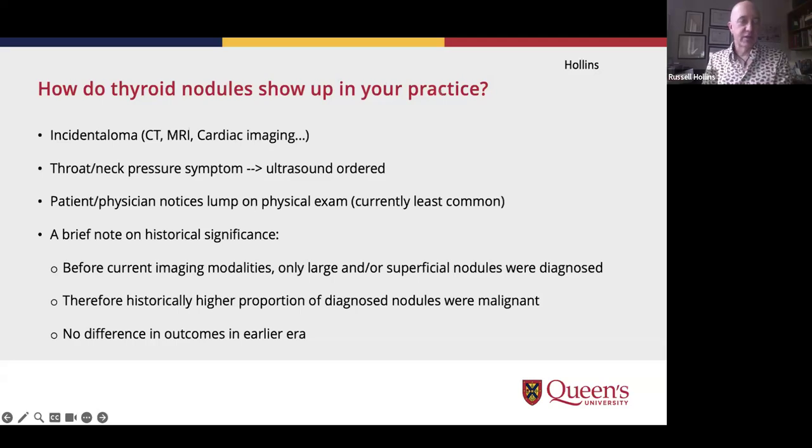The other way it still shows up, once in a while, is that patients come in with a physically palpable nodule. I don't think we're necessarily doing things wrongly, but the outcome of treatment of thyroid cancer has not changed over time, whether you look back 40 years ago or now.